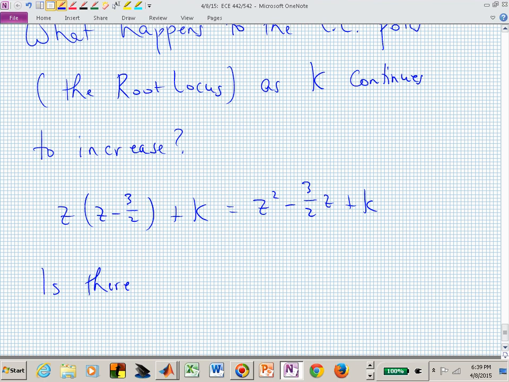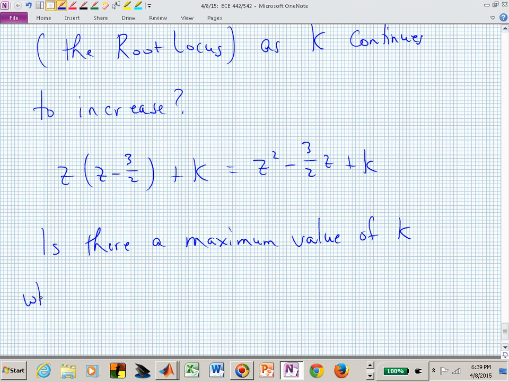And we can now ask, is there a maximum value of that gain k when the roots of that quadratic are still real?